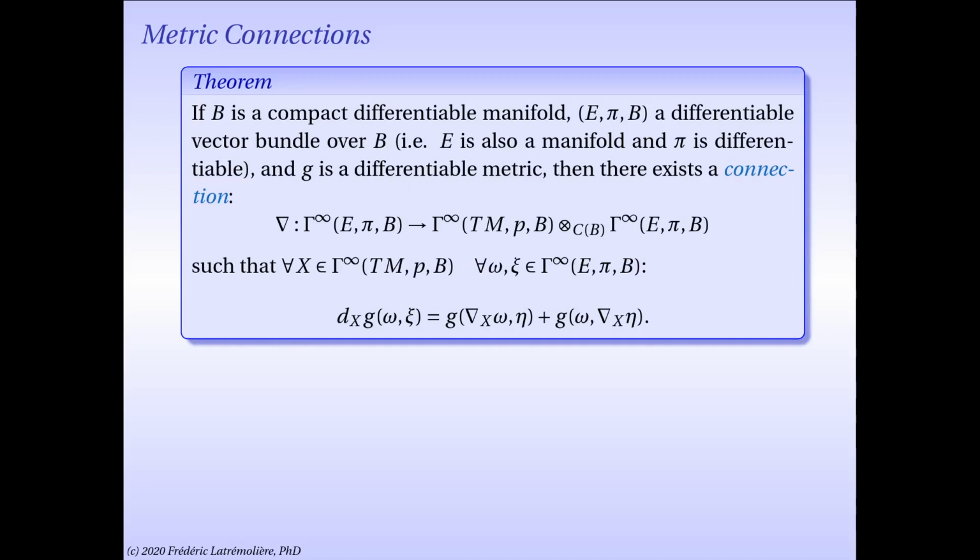If g is a differentiable metric over E, then there exists a connection nabla from the smooth sections of the bundle E to the C-infinity of B module maps from the smooth sections of the tangent bundle to the smooth sections of E, such that for all tangent vector fields X and for all smooth sections omega and psi of E, the Lie derivative along X of g at omega and psi is the sum of g at nabla along X of omega with psi and g at omega with nabla along X of psi.